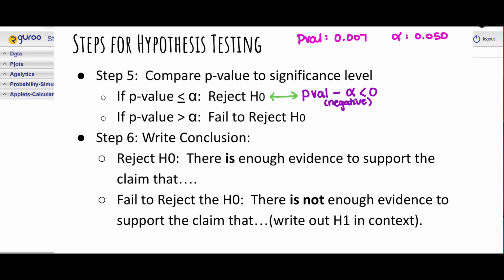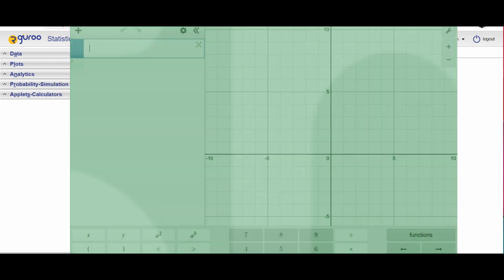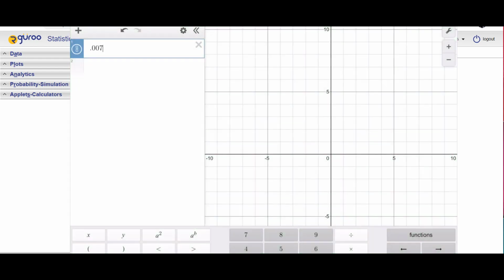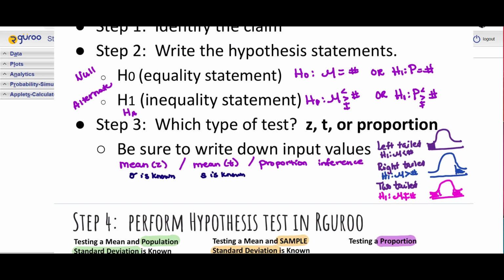But let's say you have trouble with that. What you can do is p-value first, and in your calculator you can do 0.007 minus 0.05, okay? So you just pull up Desmos, and 0.007 minus 0.05, and look what we get. We get a negative number. Oops, just give me a moment for this to pop back up.